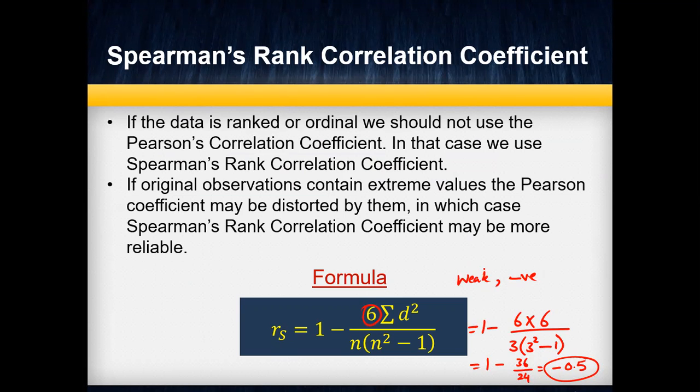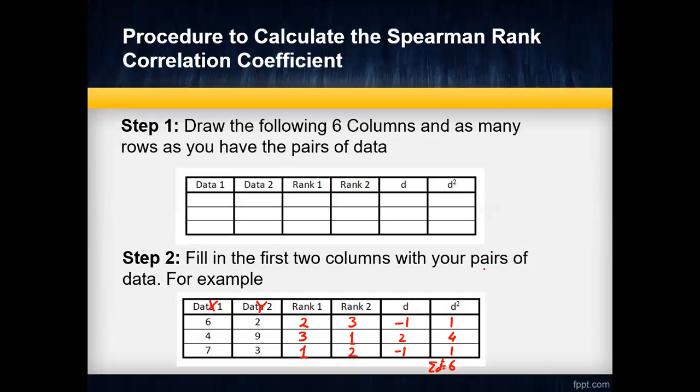This means that the students who performed well in the quantitative course did not perform well in the finance course. So there is a weak and opposite, negative relationship between x and y.